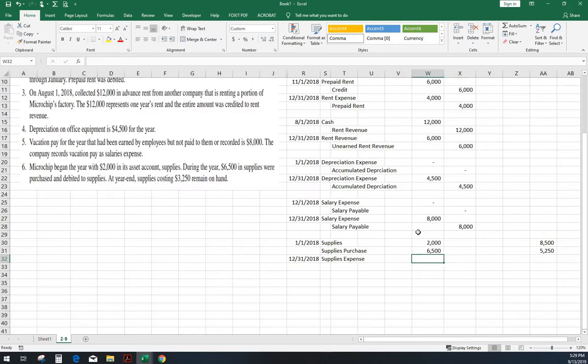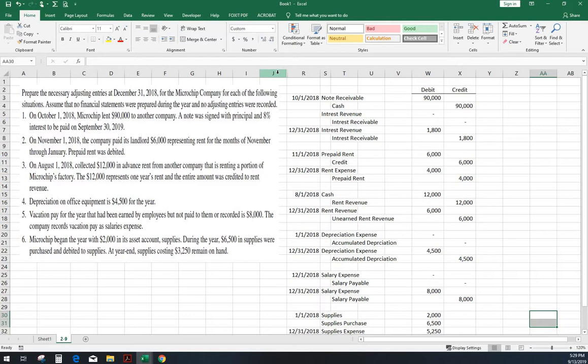That's a debit of 5,250, and then credit supplies inventory for $5,250.